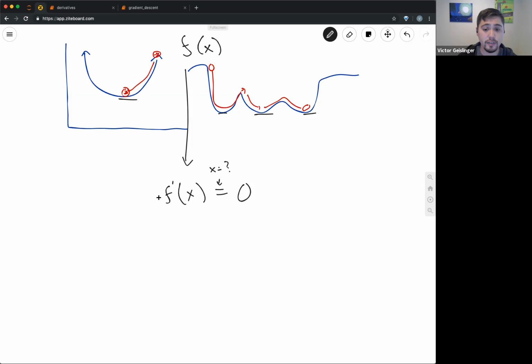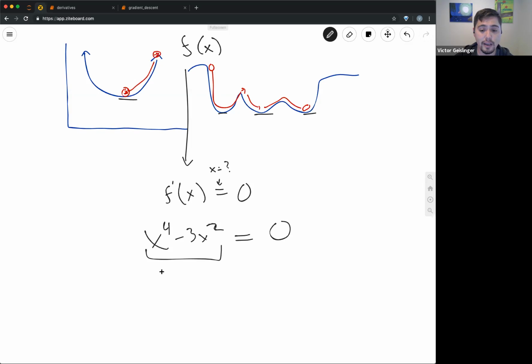So for example, say you find the derivative is some weird function like x to the power of 4 minus 3x squared. Okay, so that's the derivative. I don't really care about how I got it. Well, if I set this equal to 0, all I do now is solve for x, and those are my points.